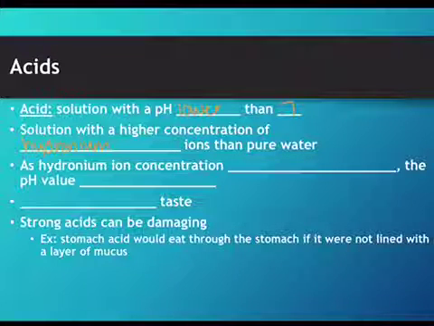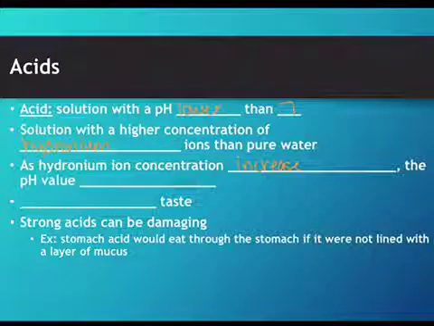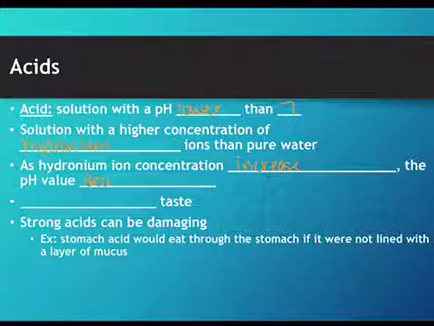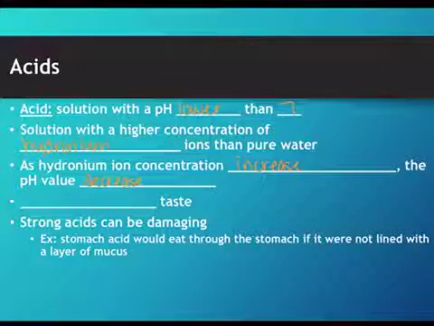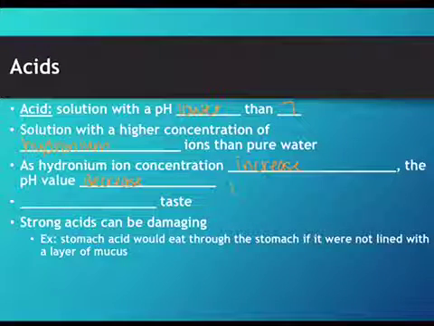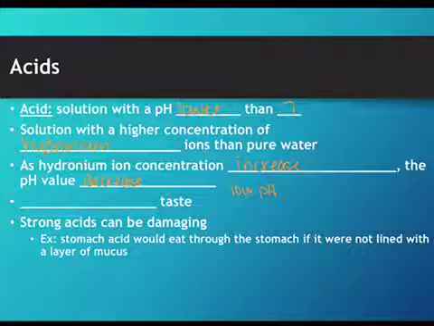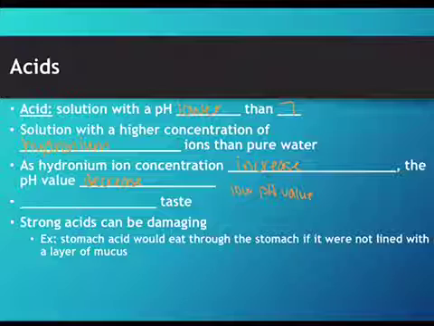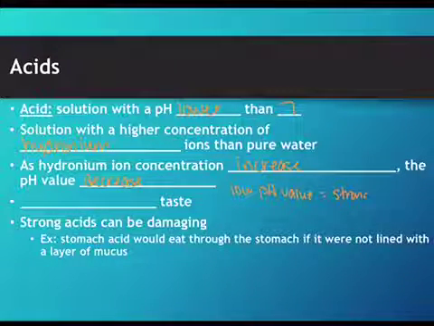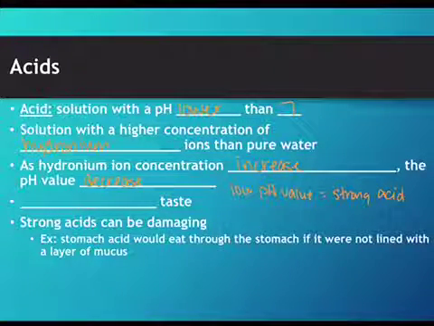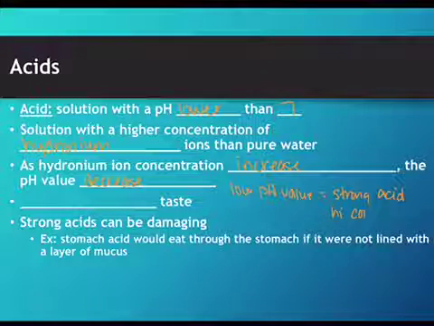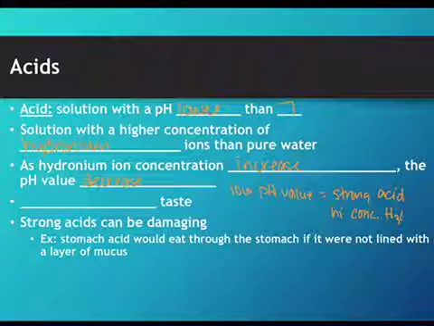So as the hydronium ion concentration increases, the pH value is going to decrease. So remember, a low pH value indicates a strong acid or a high concentration of the hydronium ion.